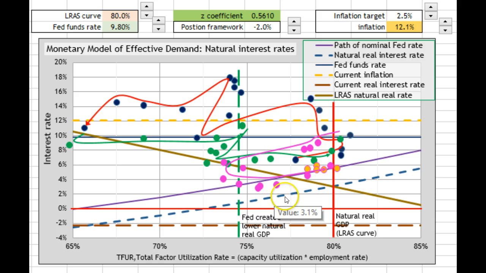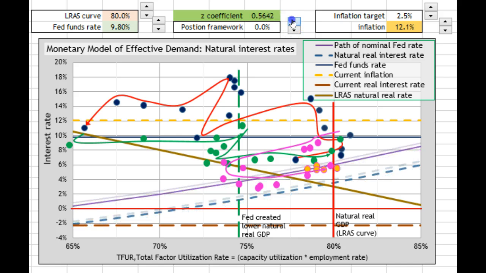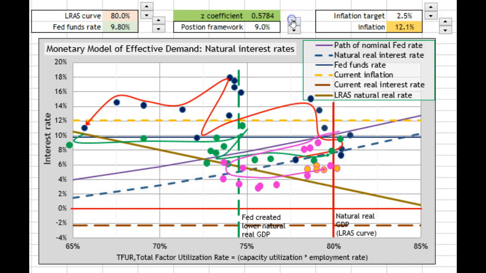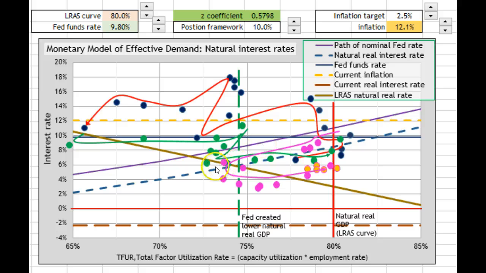Look back here and look how this natural real rate of interest comes across here. Well, I'm going to move this dashed blue line up here, like this. Now the real rate of interest, this natural real rate of interest, is going to be manufactured and held as target policy for the Fed right here at about 6% interest.